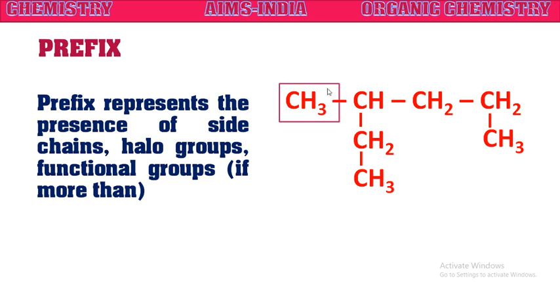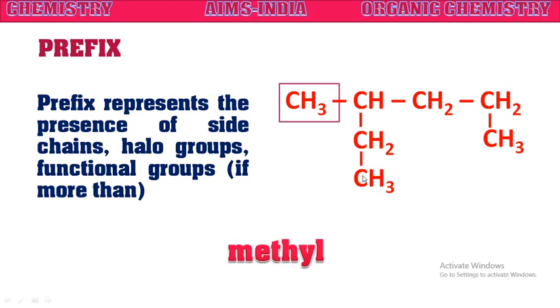Now, as the alkyl group present in this compound is a methyl group, the prefix will be taken as methyl. At the same time, we have to mention in the prefix the number of the carbon atom on which this methyl group is present. For that, we have to number the carbon atoms in the main chain. This numbering may be done either from left to right or right to left.